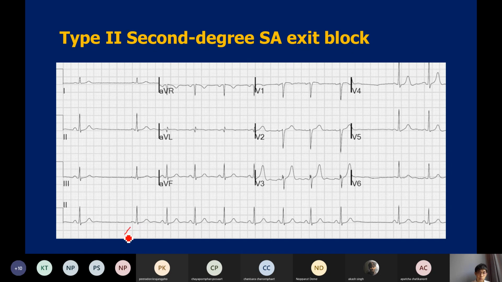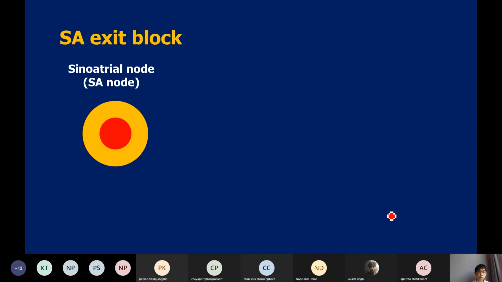Here, there's a P wave in front of each QRS, and there's some drop of the P wave because some of the impulses cannot exit the SA node into the atrium, so they could not generate any P wave or QRS complex. So this is the SA exit block.